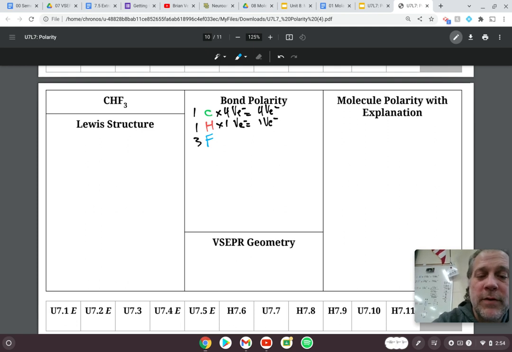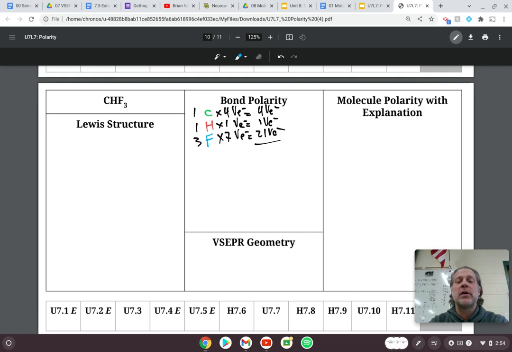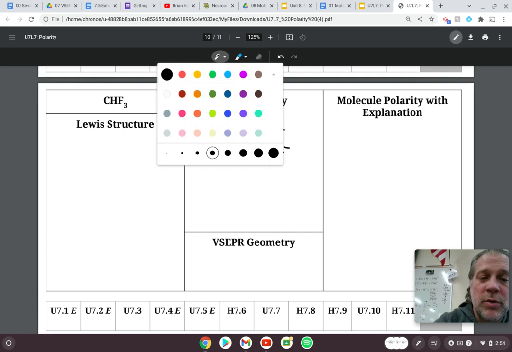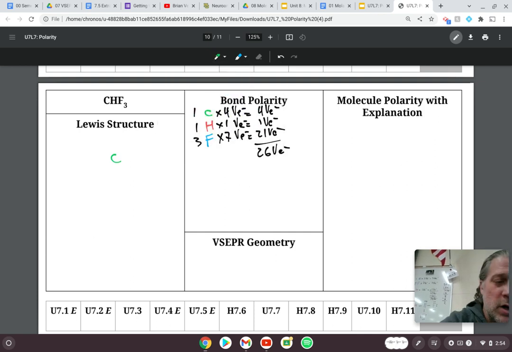And I have 3 fluorines times 7 valence electrons. And when I add them together, 4 and 1 is 5, 20 plus 21 is 26 valence electrons. So this time I'm going to put my carbon in the middle, just like I've done before. I'm going to add my fluorines and my hydrogen.